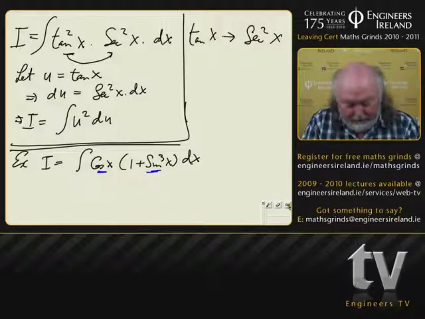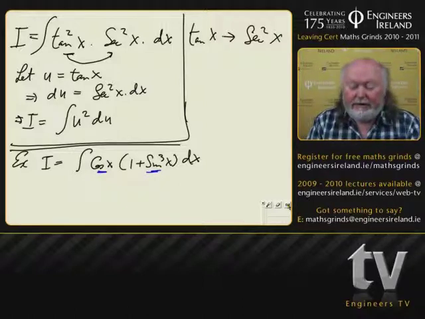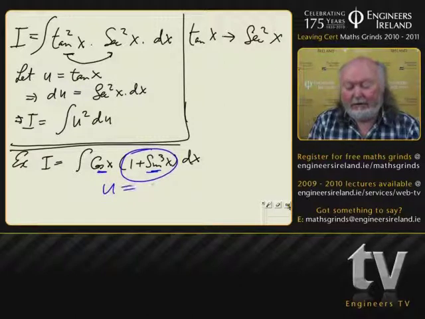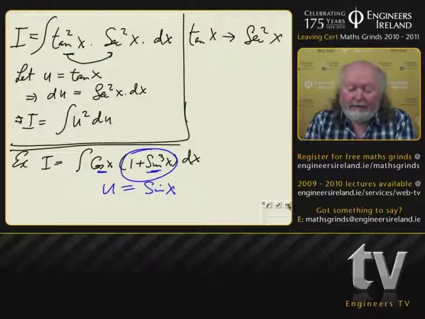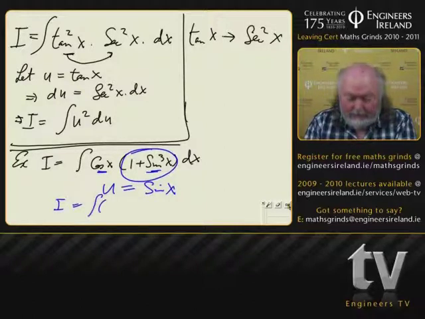And what we're going to look for is the one that's in the more complicated expression, which will be this one. So here we'd say let u equal to sine of x. And when we do that, we will find I is equal to the integral of 1 plus u cubed du.